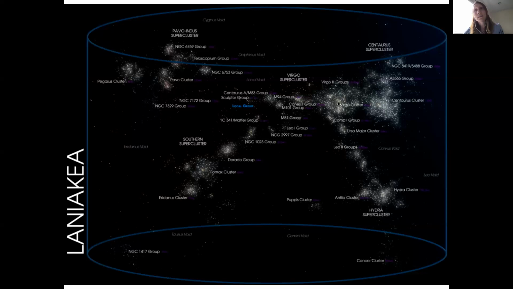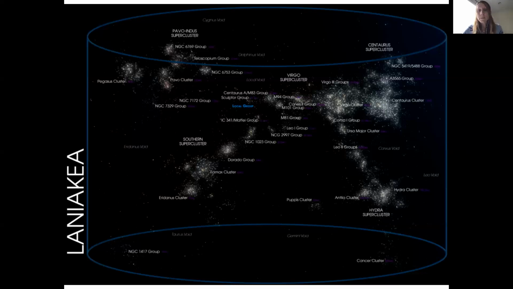The Coma cluster is 100 megaparsecs away from us. Remember, Virgo was 17 megaparsecs, so Coma is very far away. This helps appreciate how difficult the study of these very dim, very low surface brightness galaxies is.